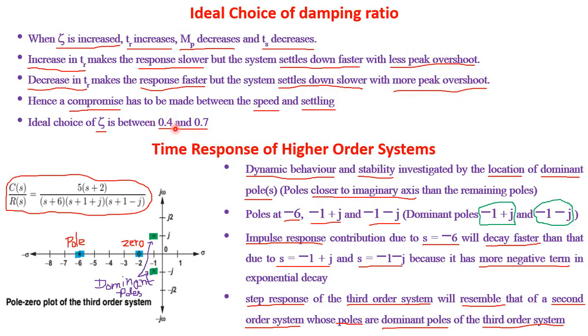At 0.4 we will get somewhere around 20-25% peak overshoot. And at 0.7, I think it is somewhere around 4% or something like that. So 3 to 4% up to 25% overshoot, that's all.